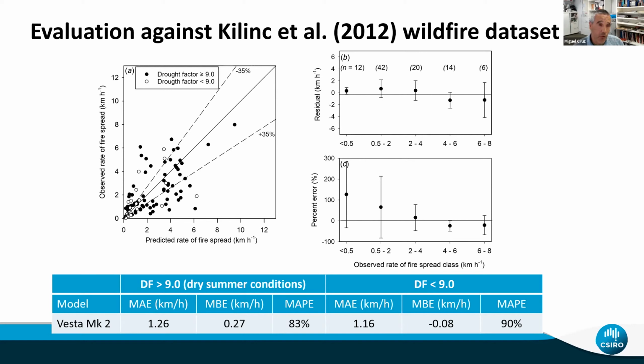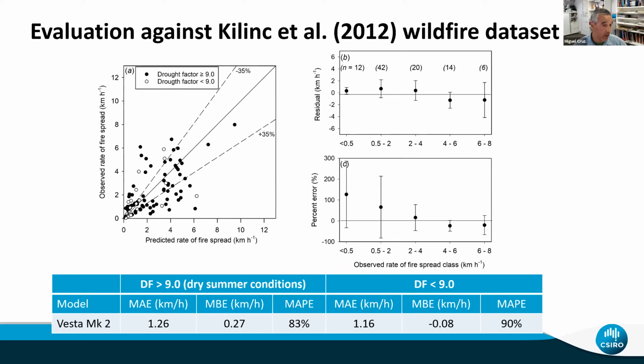In this case, we separate the evaluation of the model between drier conditions, with drought factors more than 9, and not so dry conditions, with drought factors less than 9. For dry conditions, the mean absolute error is 1.26 kilometers per hour, and as a percent it is about 83%, right?